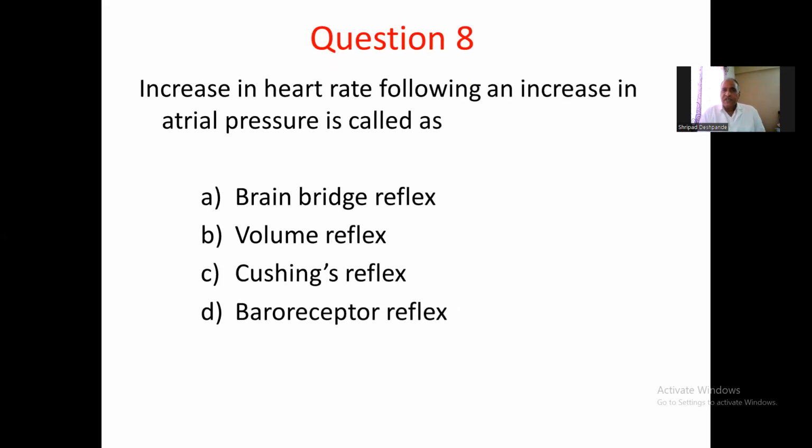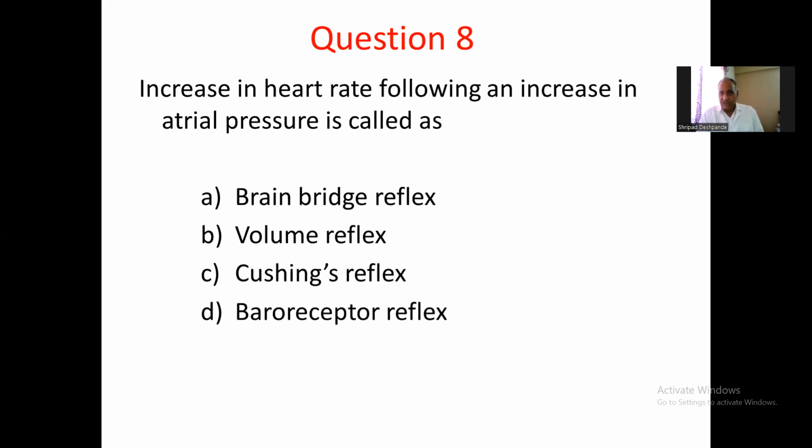Question number 8. Increase in heart rate following an increase in atrial pressure is called A. Brain bridge reflex. I am reading as it has appeared in the question paper. Brain bridge reflex. B. Volume reflex. C. Cushing's reflex.